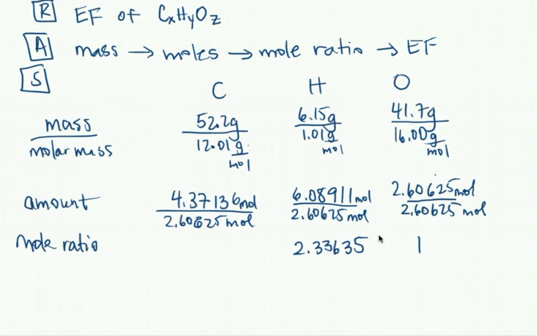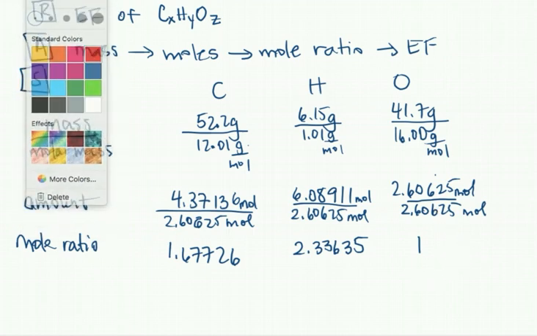It's not close to a good whole number. Right now, if I have 1 oxygen, I have 1 and then like 0.7 of a carbon. This one I have 2 hydrogens and 0.3 of a hydrogen. We can't have those fractions of an atom, so let's bump them up so we can make it work.